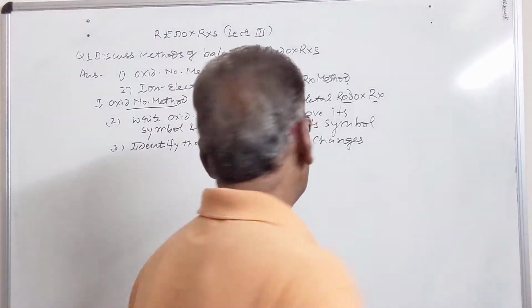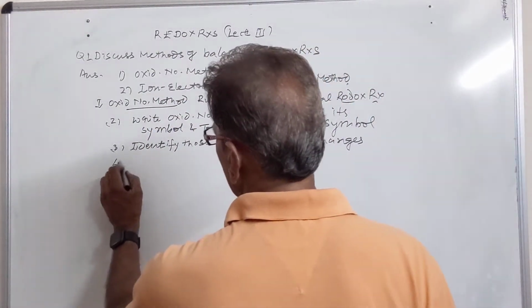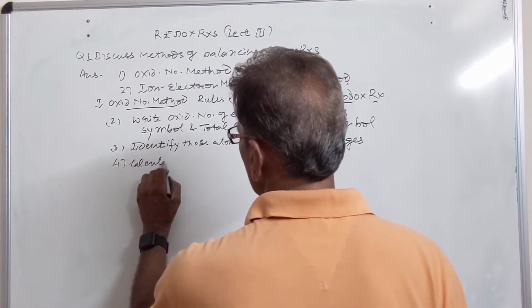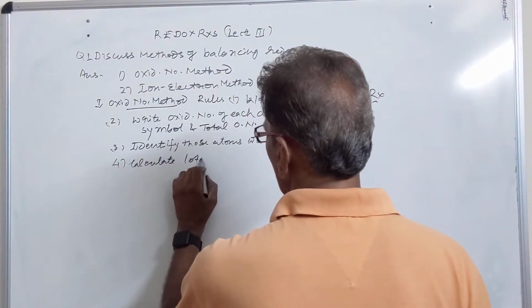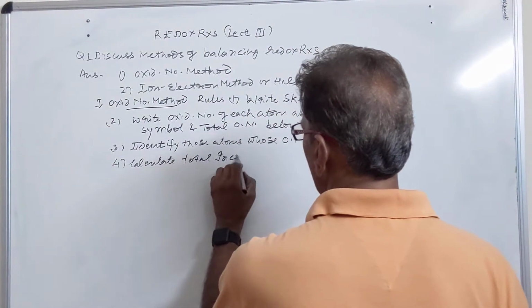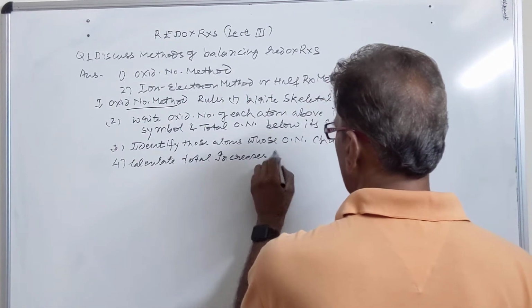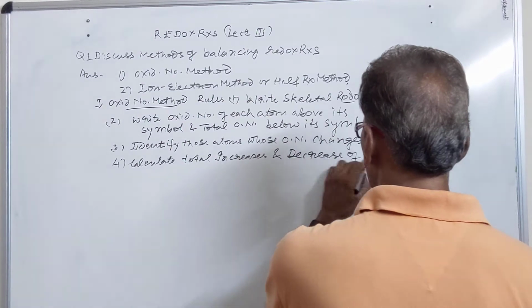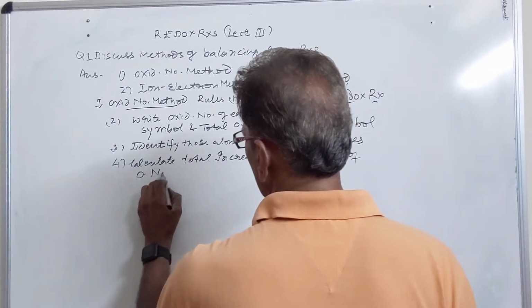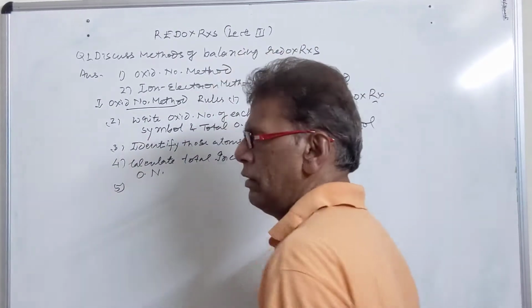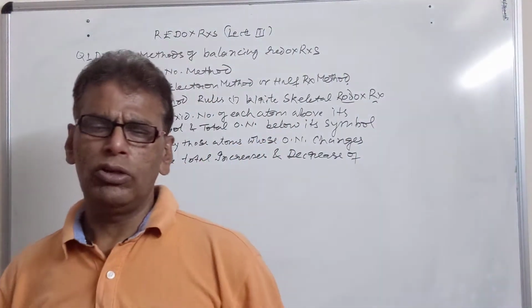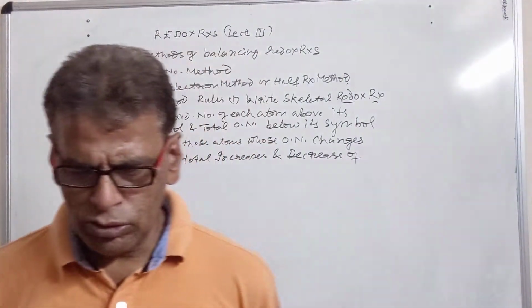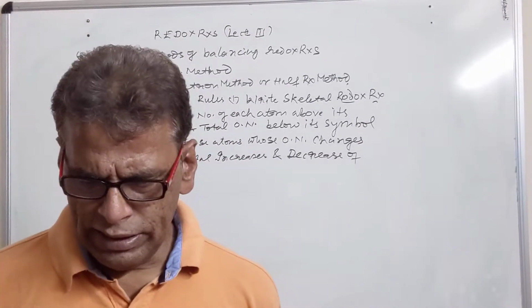Now calculate the total increase and decrease of oxidation number. The fourth point will be how much total charge has increased or how much total charge has decreased.